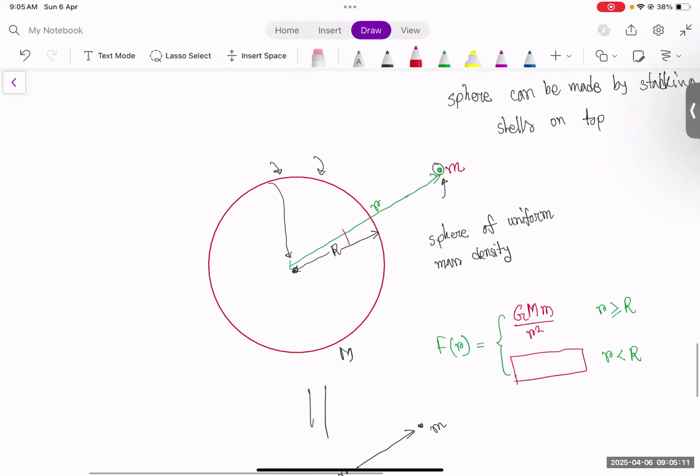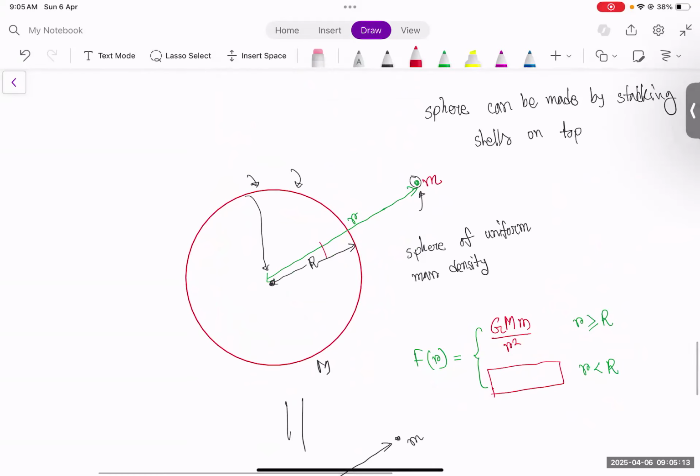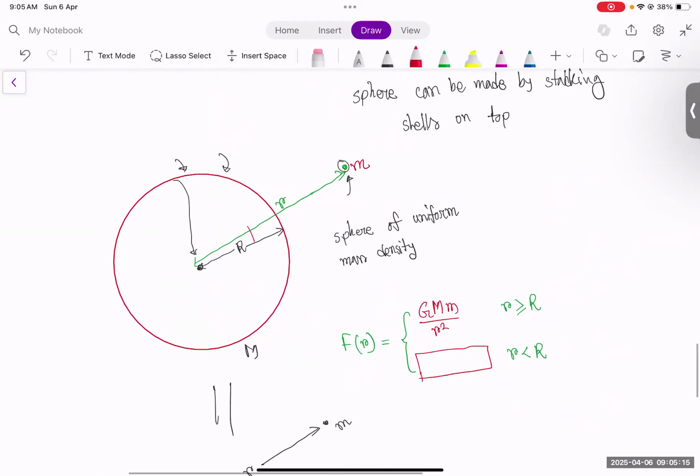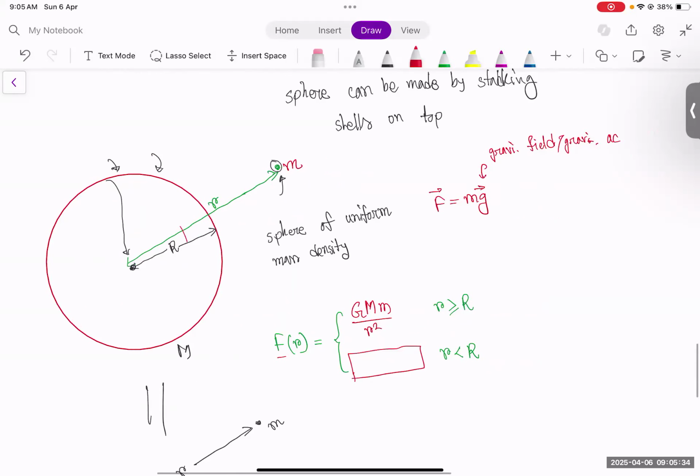By the way, one more thing I should discuss: in the case of Earth, we usually work with field instead of force. This force can be written as m times g, which is called the gravitational field. Also sometimes called gravitational acceleration, because this has the same units as acceleration.